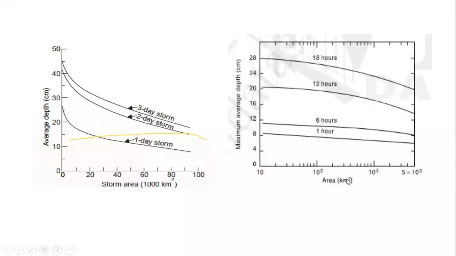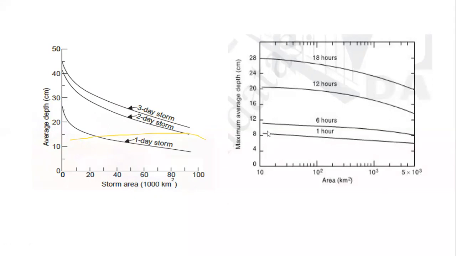So area in square kilometers on the x-axis, the maximum average depth in centimeters on the y-axis, and for that duration over this catchment area, about 5 into 10 raised to 3, it means about 5,000 square kilometer area, whatever the storms have occurred, due to that storm, whatever the maximum precipitation has occurred, it has been recorded and plotted with its average depth in centimeters on the y-axis and its area along the x-axis.